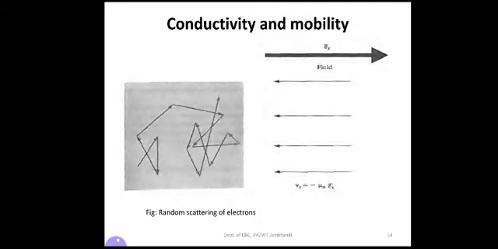As shown in figure 1, there is a starting point and the electron moves very randomly, in any kind of random motion. The probability of the electron returning to its starting point after some time t is negligibly small, almost equal to 0.